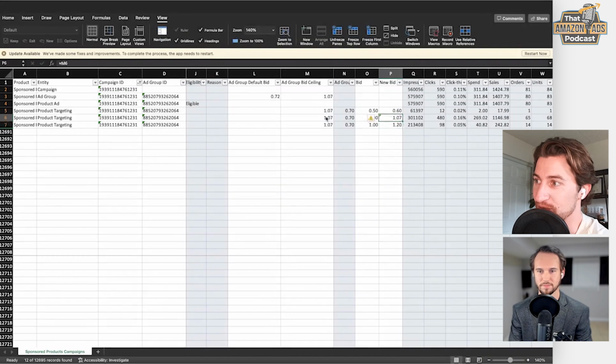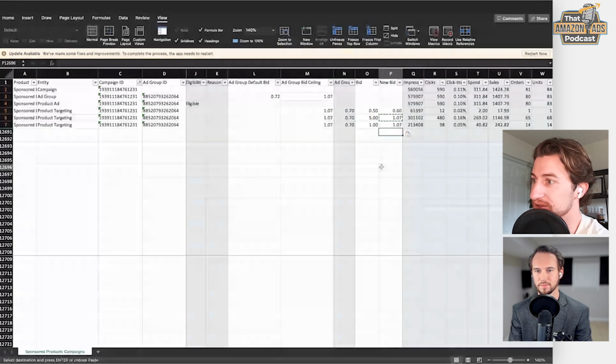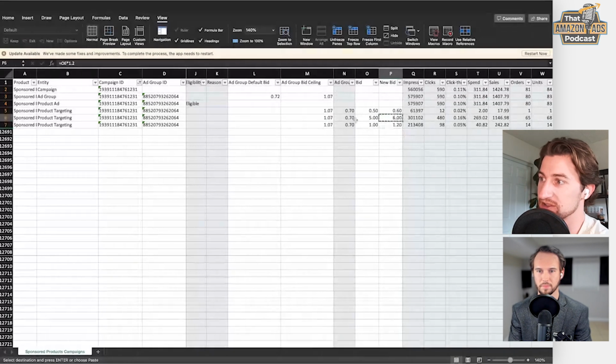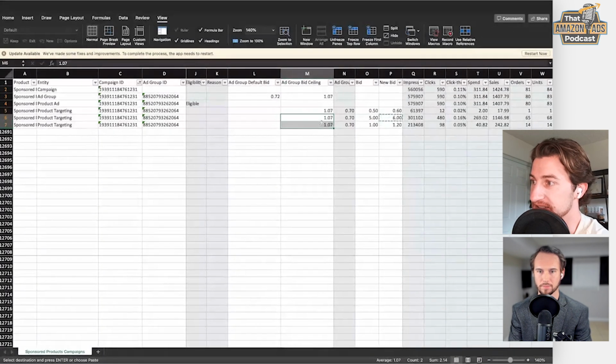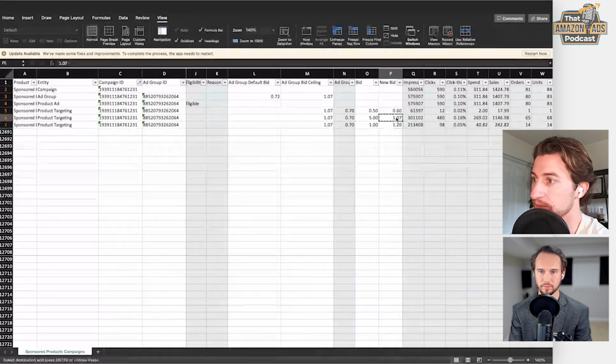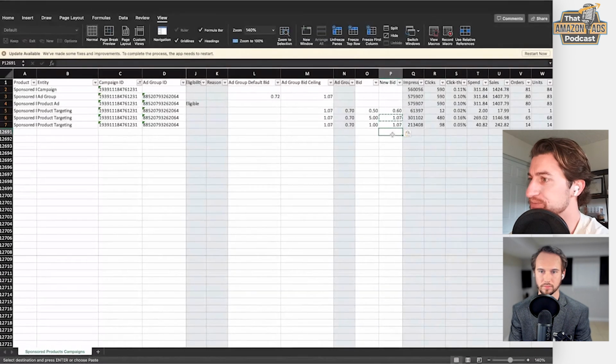So when you run into this scenario, all you do is flatten these down. That's where the ceiling comes in: wherever the new bid exceeds the bid ceiling, that's the limit. You don't exceed beyond $1. And a lot of times people are like, and actually, we'll conclude with this now.